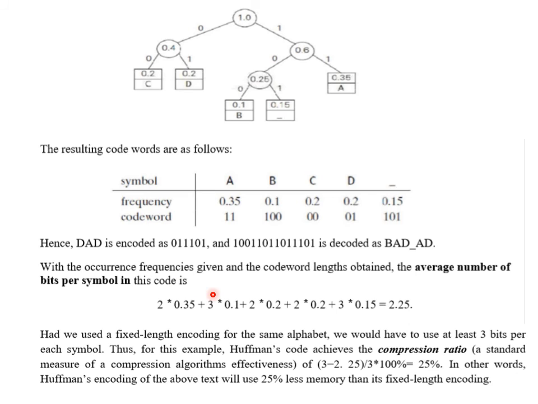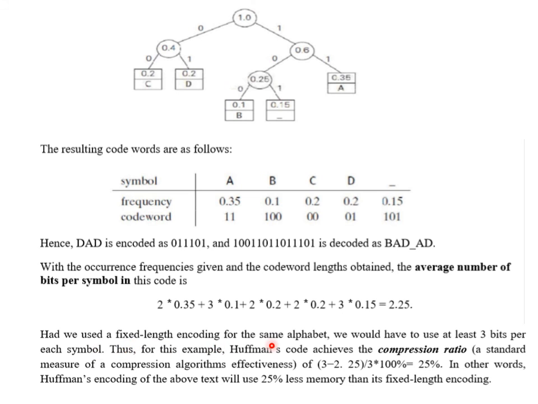The average number of bits per symbol is 2 into 0.35 plus 3 into 0.1 plus 2 into 0.2 plus 2 into 0.2 plus 3 into 0.1, and if you add all this, you will get 2.25.